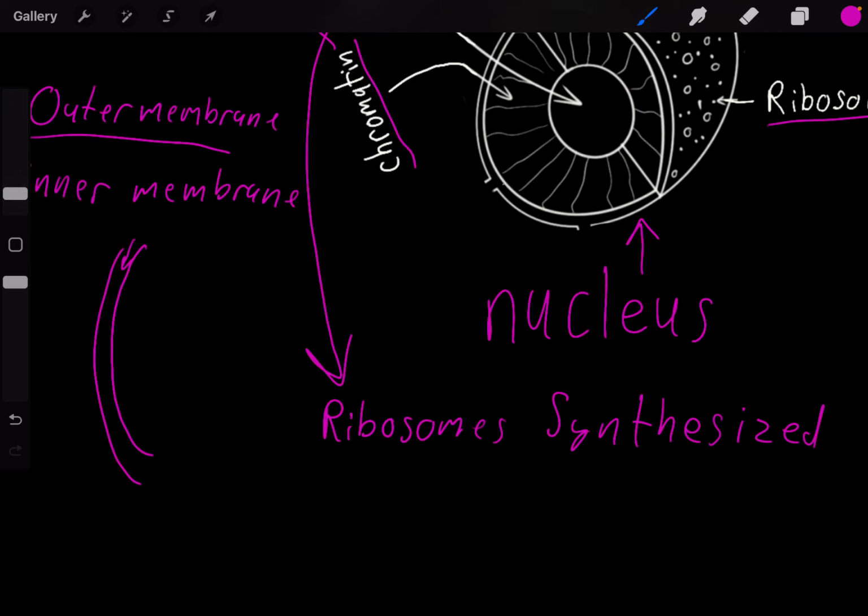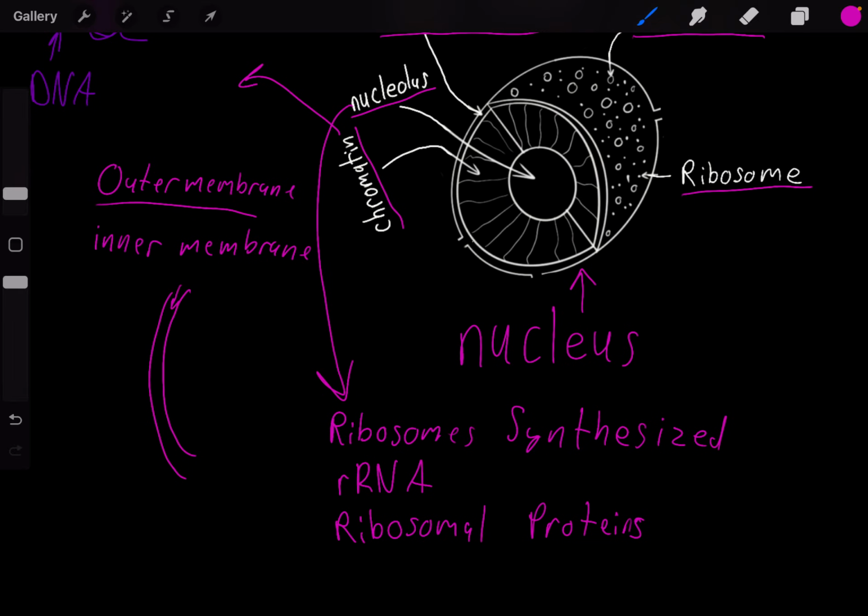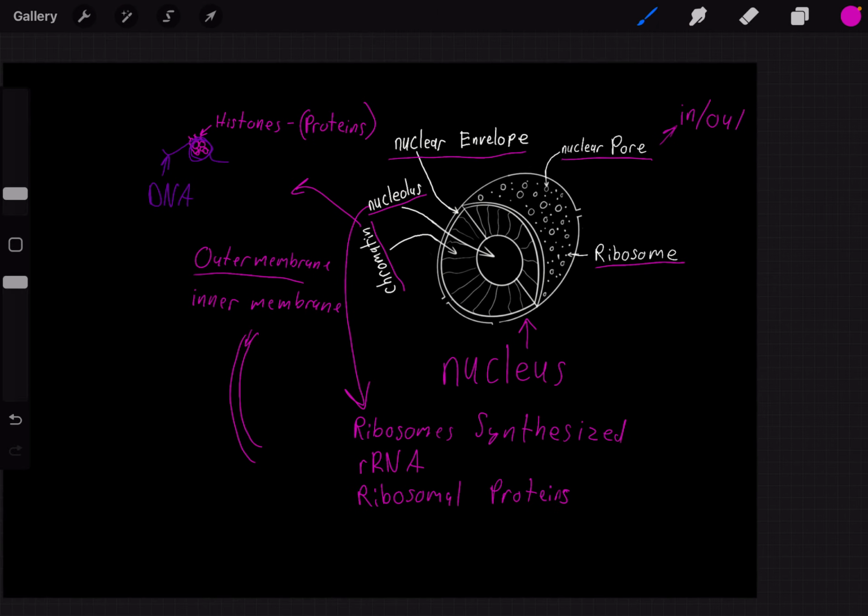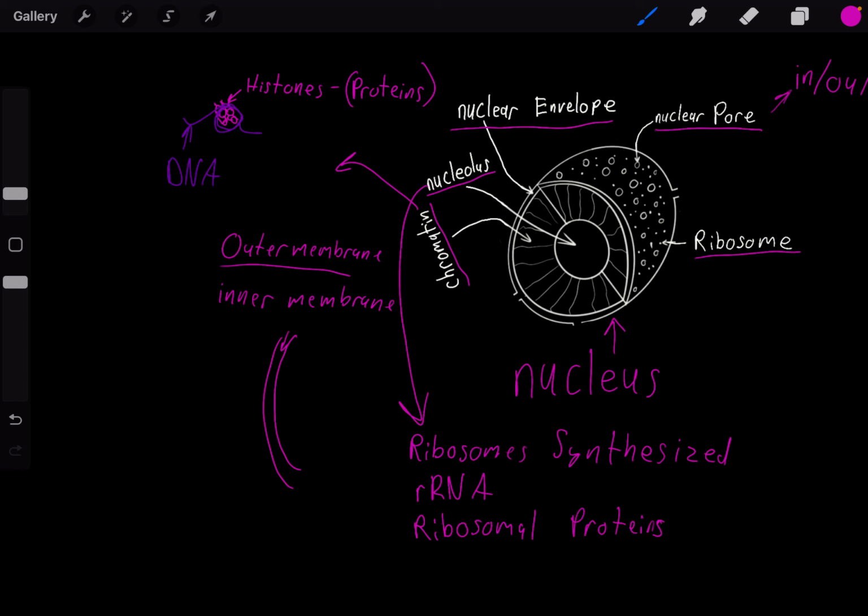It also holds the rRNA, and also ribosomal proteins are located in here. And that is pretty much all you have to know about the nucleus.